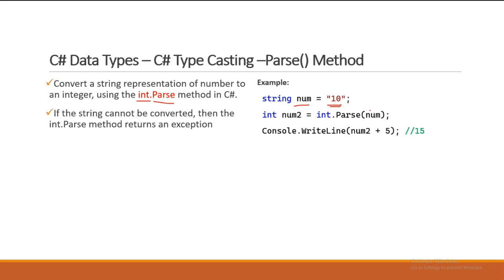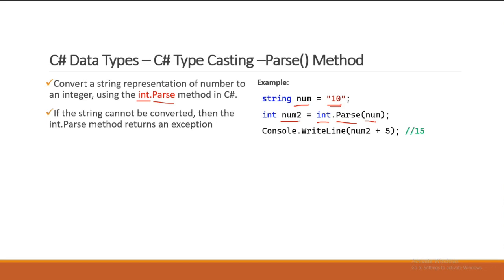If we want to convert it to an integer, num2, we use int.Parse, and in parentheses the variable or value, and it will convert to int. Of course, we can use it with any other data types.